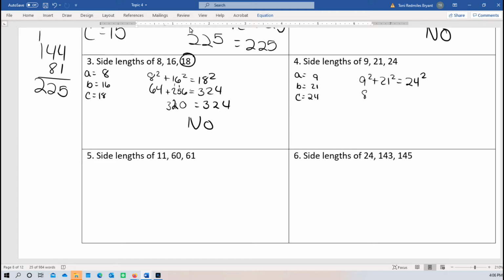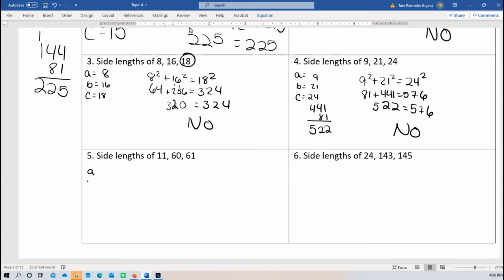I don't know it by heart, but I do believe 21 squared is 441 and 24 squared is 576. If I add what's on the left, I'm going to get 212 5. Oh, nope, again. We're just striking out on these right triangles. I hope the next line has some right triangles in it. So no, not a right triangle.